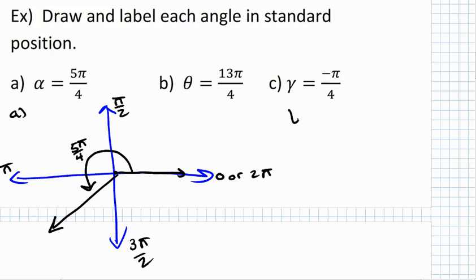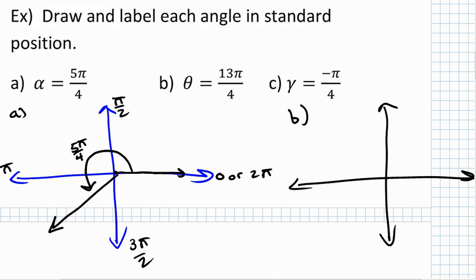Likewise for part B, if I draw the picture, using the same guidelines that are over here, like pi over 2, pi, 13 over 4, well, remember, 13 over 4 is the same as 3 and 1/4. Well, if you notice, 2 pi is one revolution.